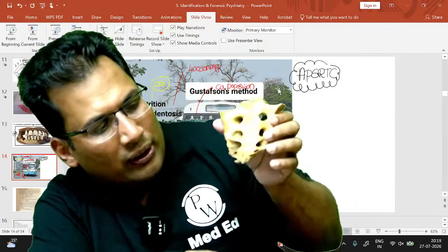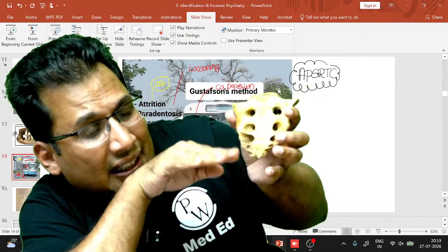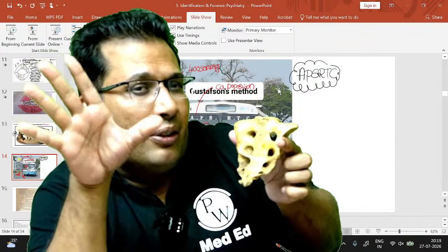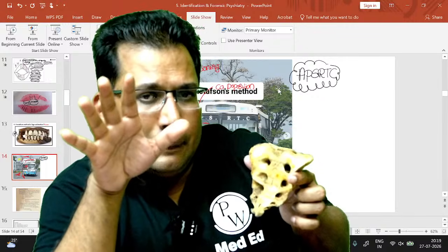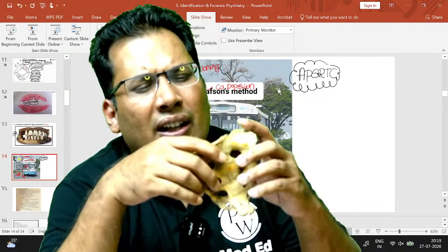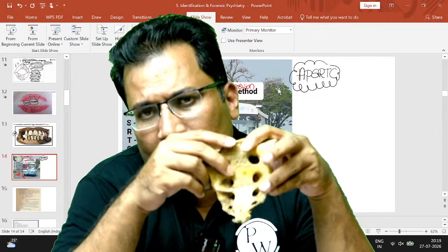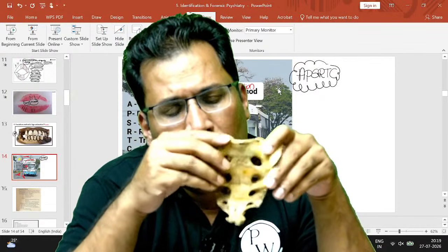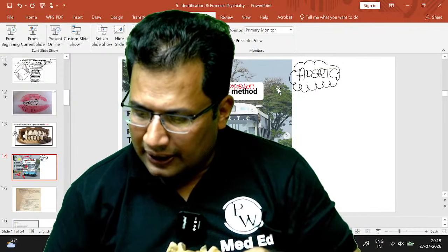So a simple way to identify: if forward curving is there in the lower half, then it is usually female. Again, it needs comparison. So the answer here is basically female. Again, other indexes are there, like the sacral index and all. That we are going to discuss in practicals. So for the time being, this is sufficient. Female. That's great.